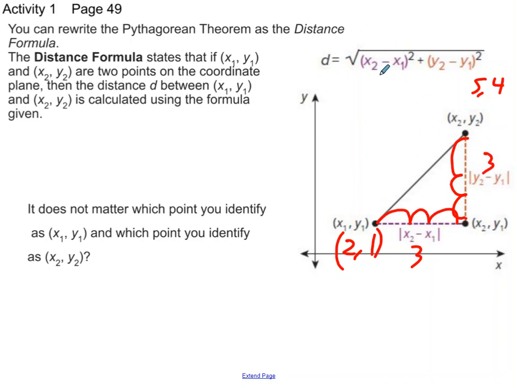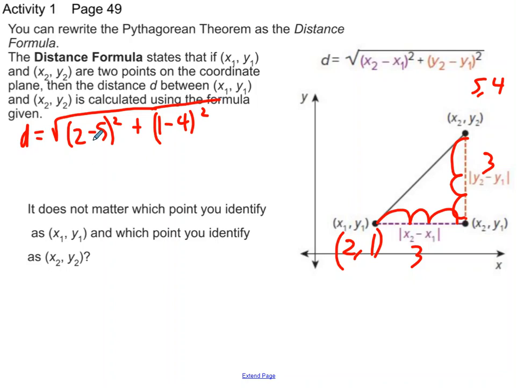But the distance formula has me looking at the point values, not the graph. So I'm going to look at my x values, and I'm going to have d equals the square root of 2 minus 5 plus 1 minus 4, and those are all squared.